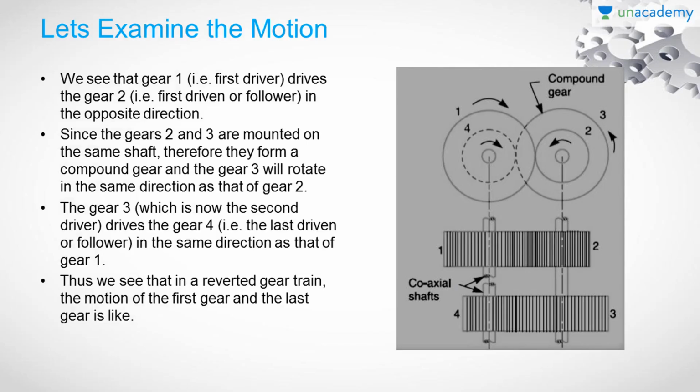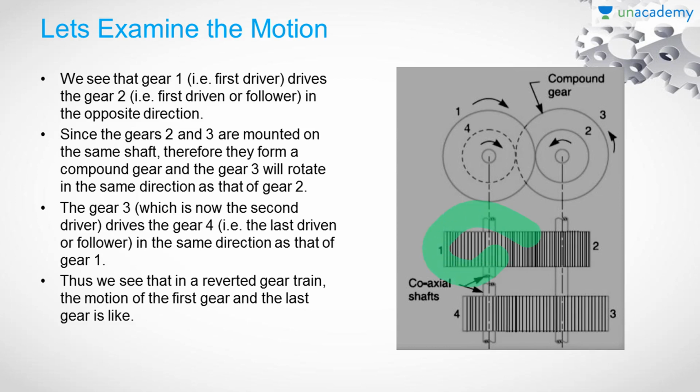Here in this figure we have the reverted gear train system with 4 gears, that is gear 1, gear 2, gear 3 and gear 4. As I said before, the first driving and the last driven gears have the same shaft axis; they are coaxial shafts. Let's examine the motion.